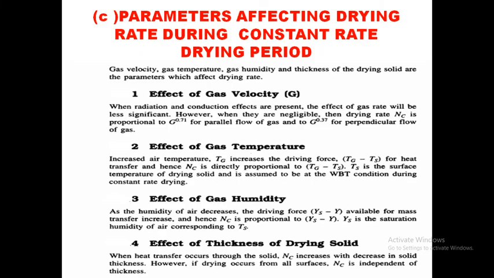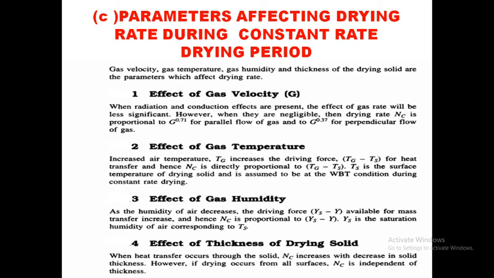Next one, parameters affecting drying rate during the constant rate drying period. So what are the parameters? Gas velocity, gas temperature, gas humidity and thickness of drying solid are the parameters which affect drying rate. First one, effect of gas velocity, that is capital G. When radiation and conduction effects are present, why?